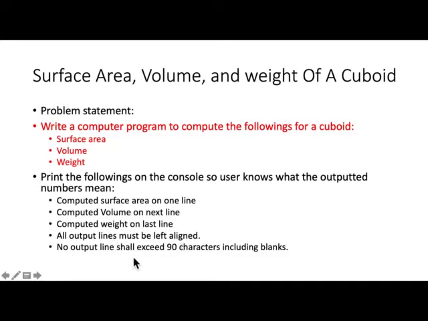And no output shall exceed 90 characters including blanks. By the way, this is a requirement in all your labs. No outputted line can exceed 90 characters because then horizontal scrolling is required, and that's a difficult thing to do when you are looking at the output.